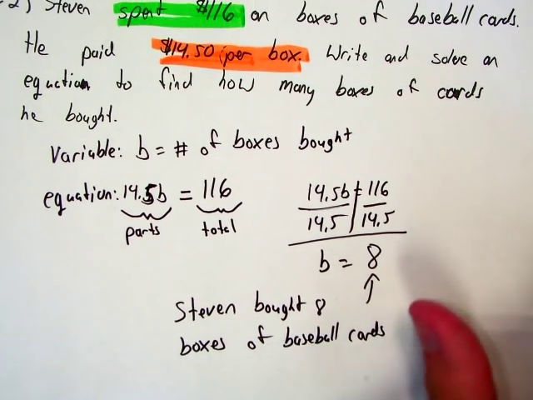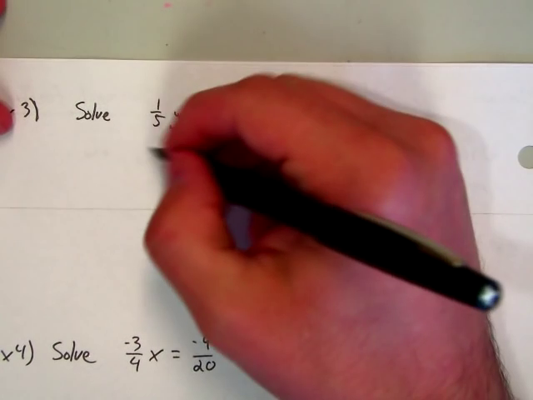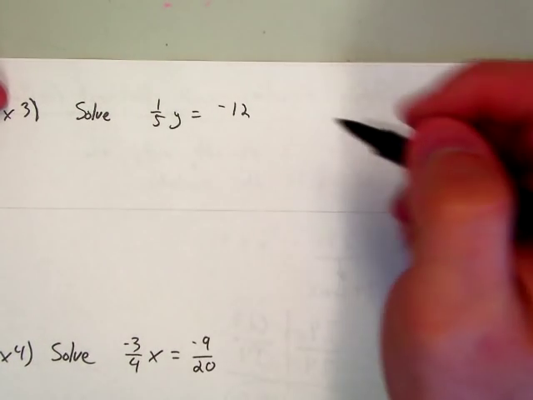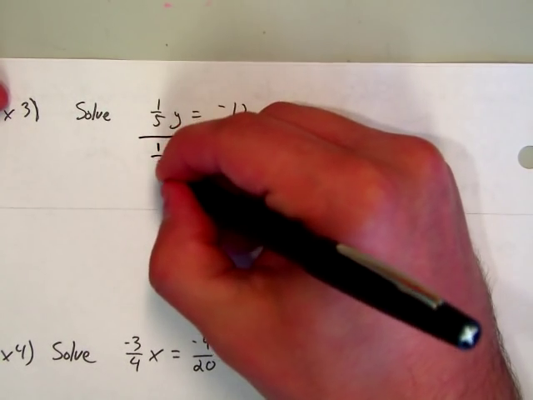Now, that's with decimal coefficients. What about fraction coefficients? When I have a fractional coefficient, I'm still going to go through the exact same process. For example, this is 1/5 times y equals negative 12. To undo a times, I'm going to divide.